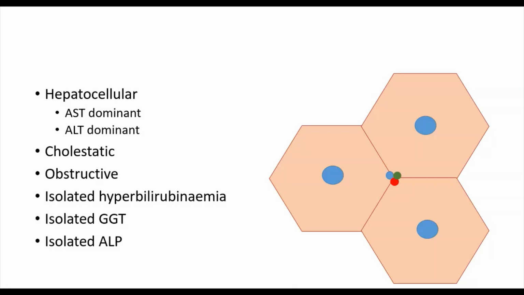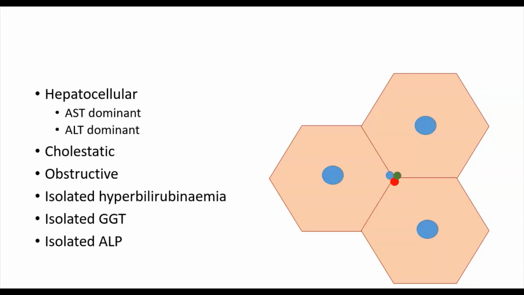There are also rare genetic diseases that can affect biliary excretion, such as Crigler-Najjar syndrome, where there's a severe deficiency of UDP glucuronyltransferase, and other diseases such as Rotor syndrome and Dubin-Johnson syndrome, all of which present in the neonatal pediatric population.